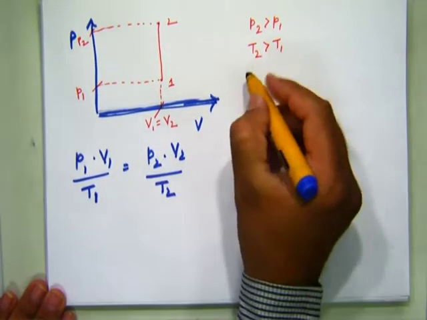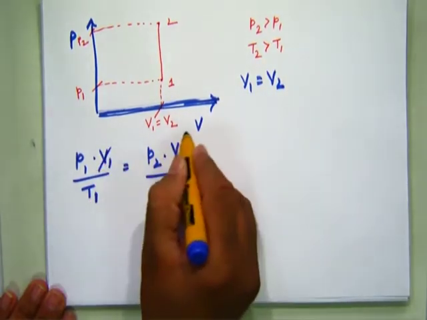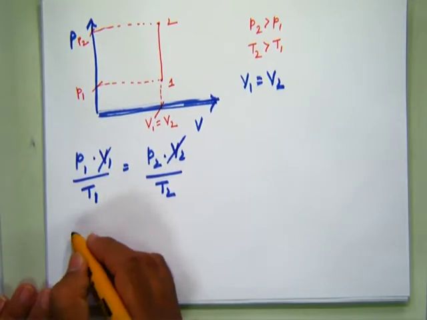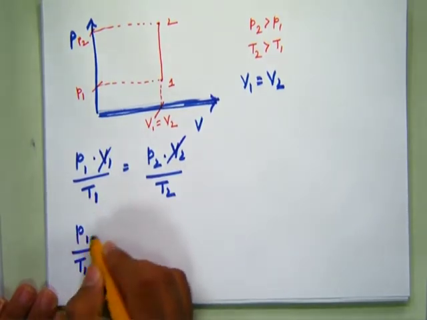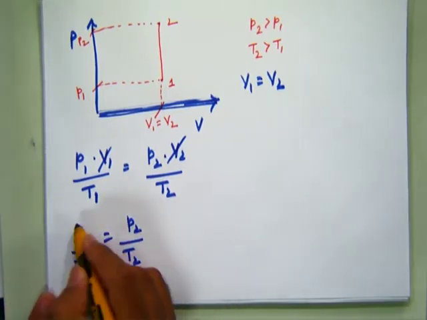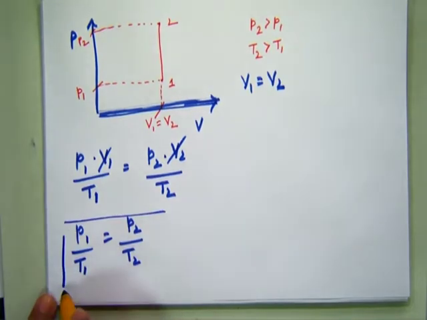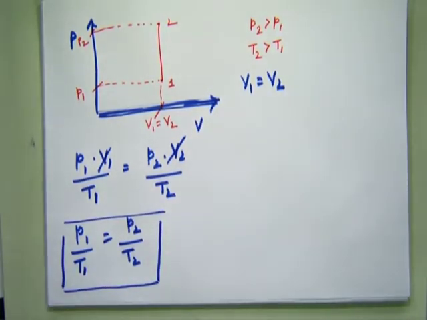Here V1 is equal to V2, so V1 and V2 cancel out. The relationship established is P1 upon T1 is equal to P2 upon T2.